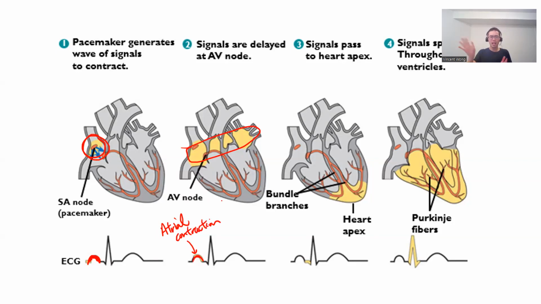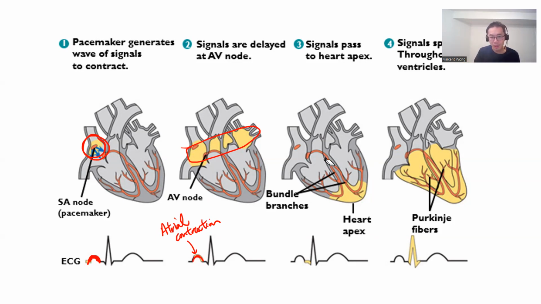Okay, it's not a big spike, and I told you several times already, the atria just gently squeeze, right? Gravity is doing most of the work, right? So it comes down, very gentle increase.